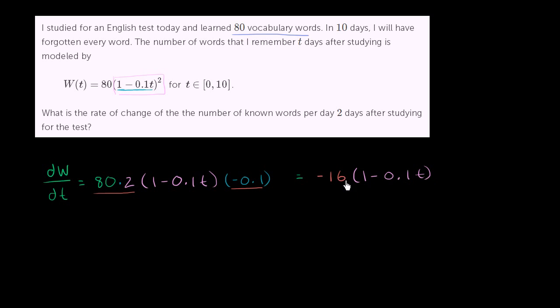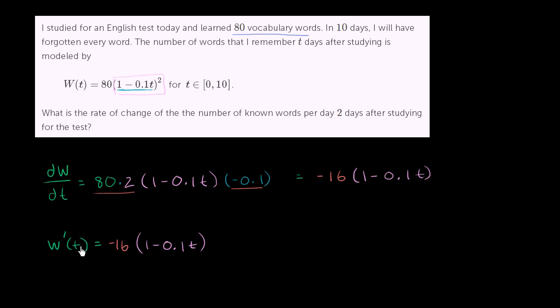If we want, we could distribute the 16, or we could just leave it like this. But we're ready now to answer our question. We could write this as the rate of change of the number of words we know with respect to time, or we could use the alternate notation and say this is W prime of t. Either way, it's equal to negative 16 times (1 minus 0.1t).